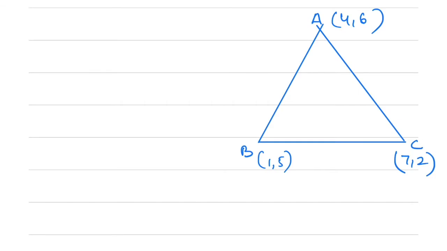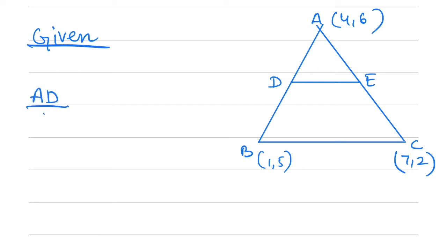The line segment DE is drawn to intersect the sides AB and AC at D and E. We are given that AD/AB = AE/AC = 1/3.